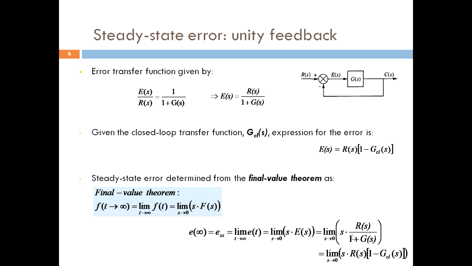This is when we have the forward transfer function. We can do the same when we are given the closed loop transfer function. So this is what we are going to be making use of, this expression, in our derivation of expressions for the steady state error for various cases, as we are going to look at in the next few slides.